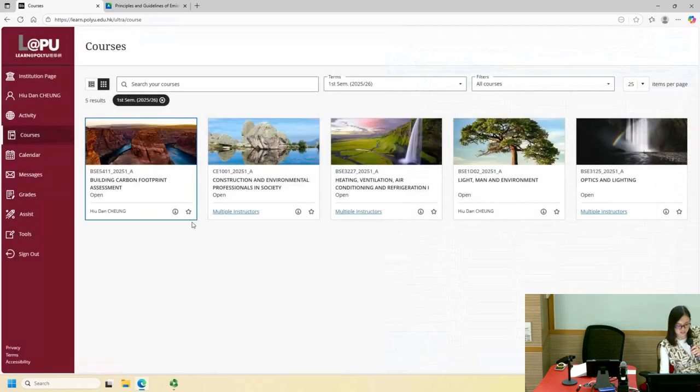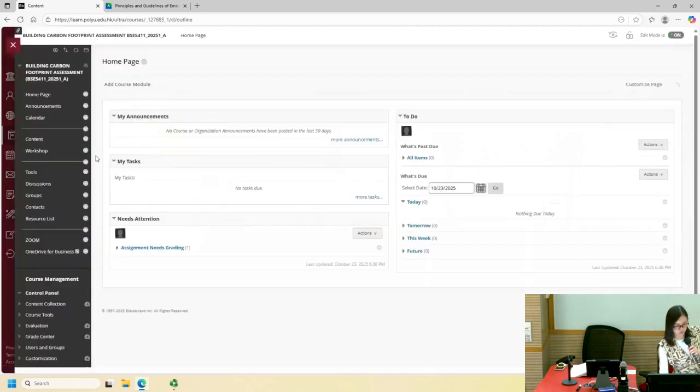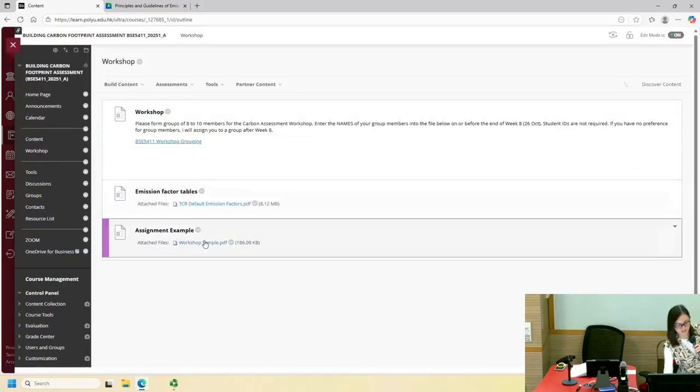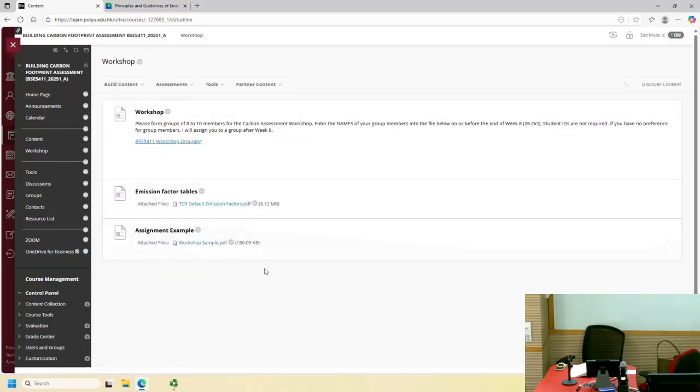Actually, if you go to the folder workshop, you will be able to find an assignment example. In this example, you will see some information about an organization, and some calculation tables about the carbon emissions.